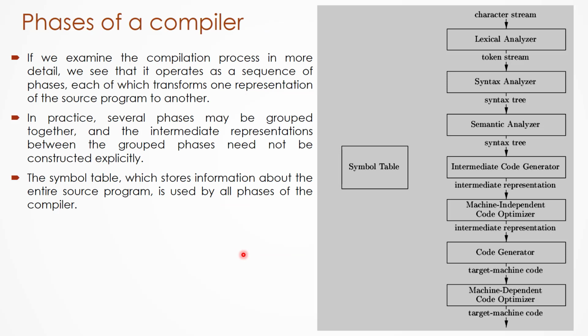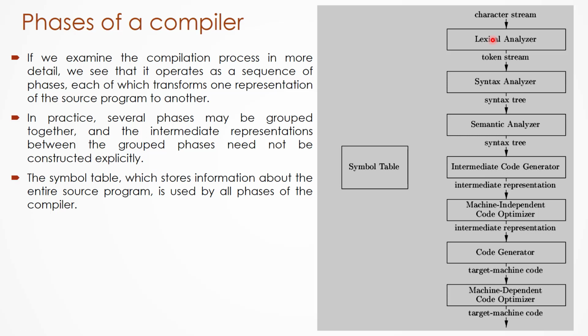So, phases of a compiler. If we examine the compilation process in more detail, we see that it operates as a sequence of phases, each of which transforms one representation of the source program to another. In practice, several phases may be grouped together and the intermediate representation between the grouped phases need not be constructed explicitly. The symbol table, which stores information about the entire source program, is used by phases of the compiler.